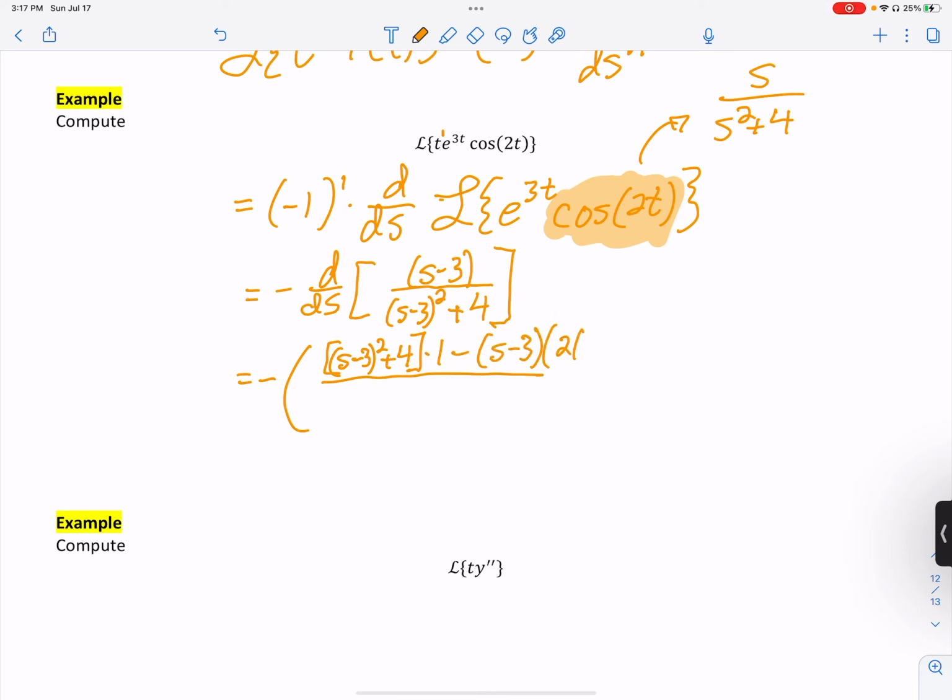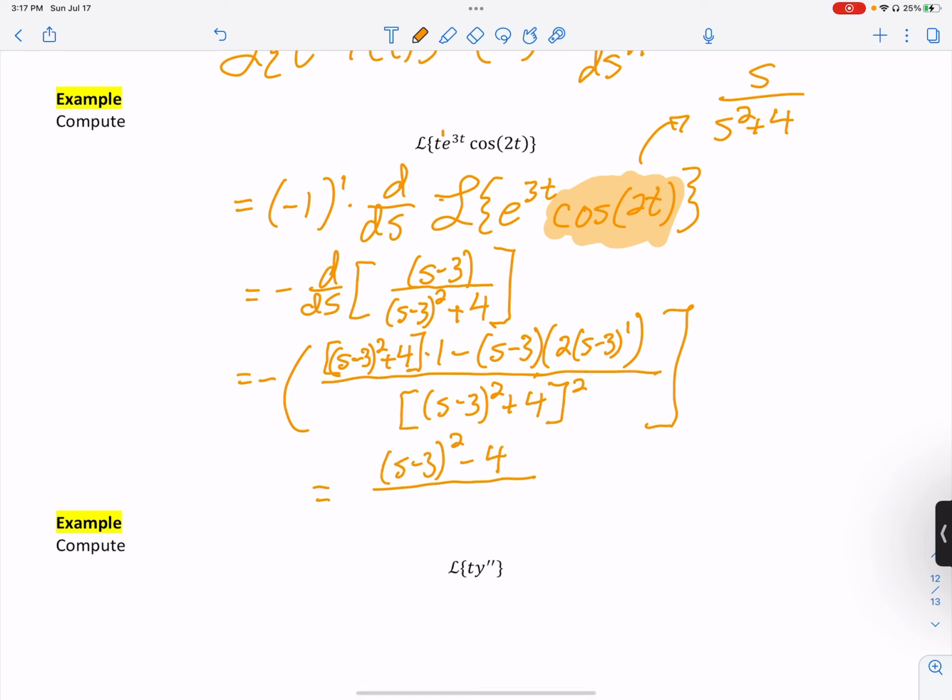That gets us 2 times s minus 3 to the first, it's a chain rule, which will give us a 1, and then over s minus 3 squared plus 4 squared. I'll let you figure out all that algebra. If you would like to work it all the way down, you're going to end up with s minus 3 squared minus 4 over s minus 3 squared plus 4 squared. So we just simplified the numerator. I'll let you do that.